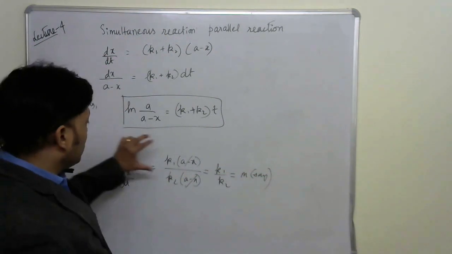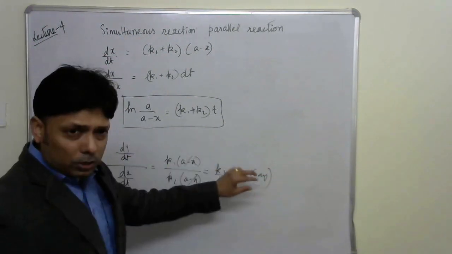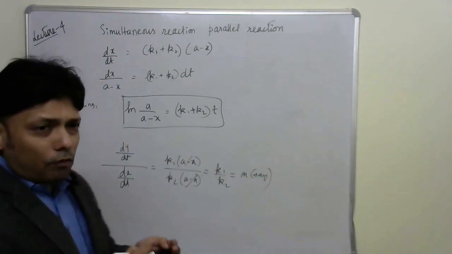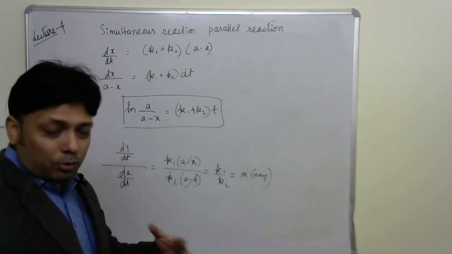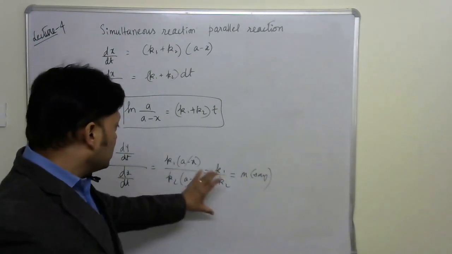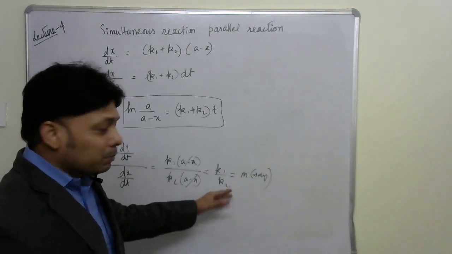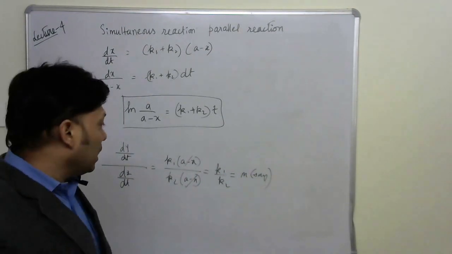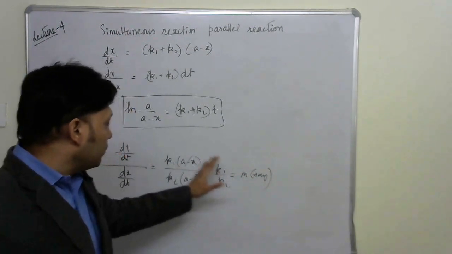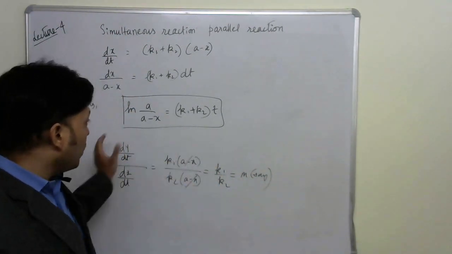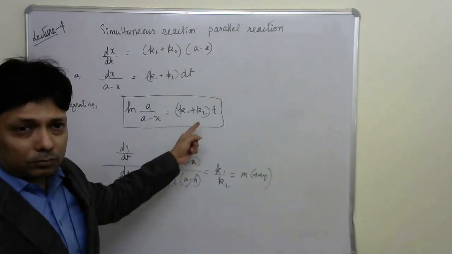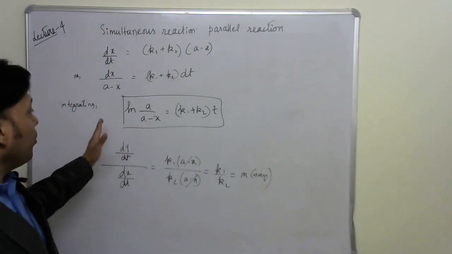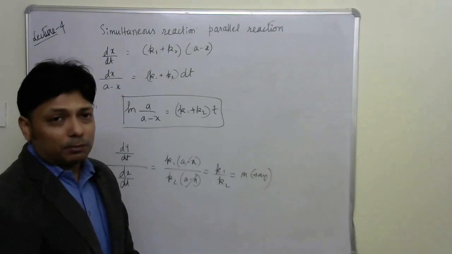So if we compare the two rates, the ratio of the rate of formation of product B to product C would give us the ratio of the respective rate constants, that is k1 by k2. And from the ratio of the two rates, we solve k1 and k2, and then the equation is known, and we can predict x at any time t.